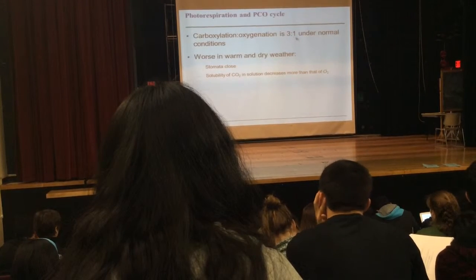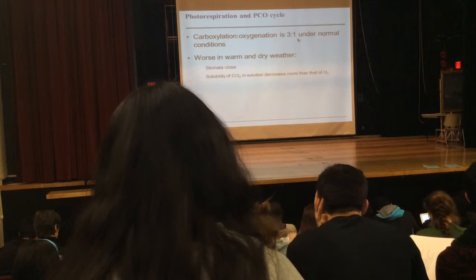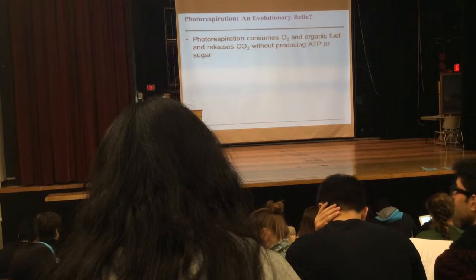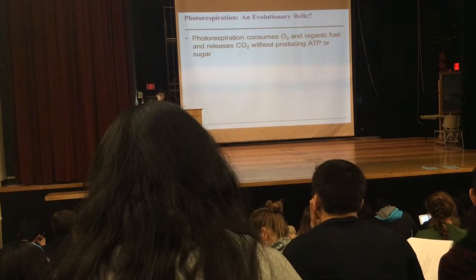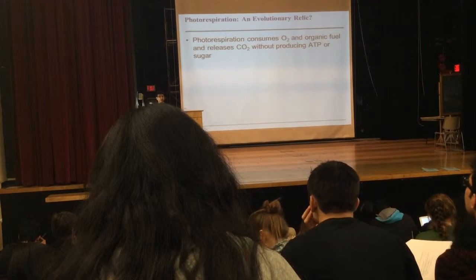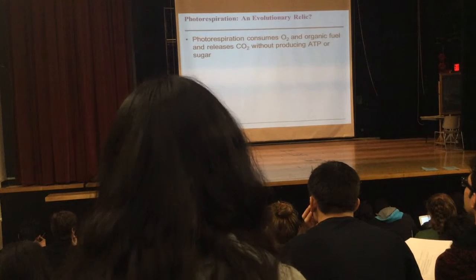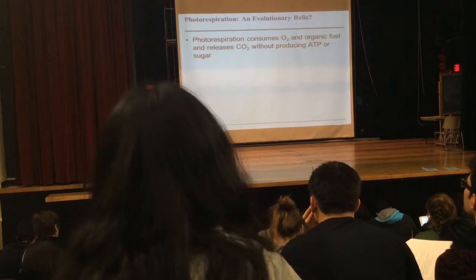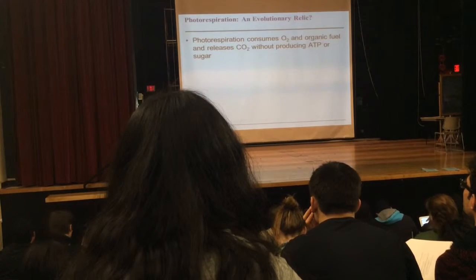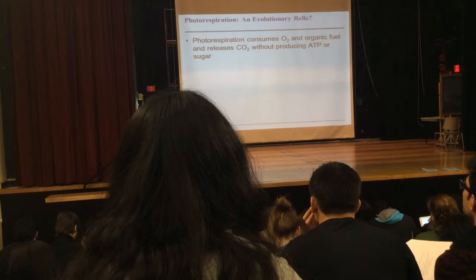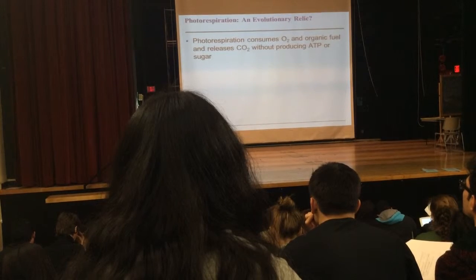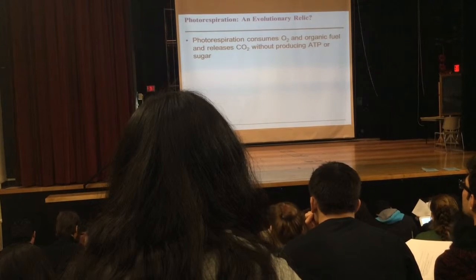So that's a problem. So evolutionarily, plants have evolved ways to deal with this. One way is photorespiration. So plants will use the O2 in this oxygenation reaction, which is a total waste, and then in the salvage operation, they will actually make CO2. And we're going to take a look at that.